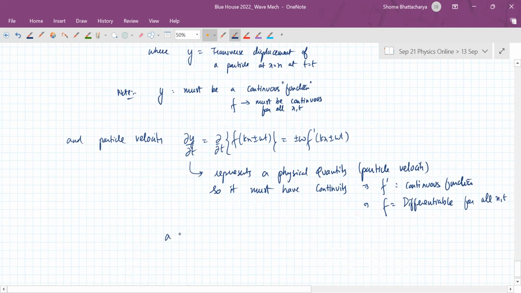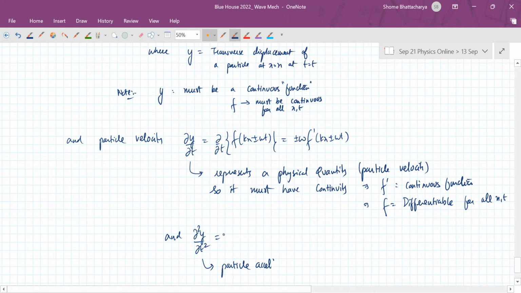And similarly, del 2y by del t square represents particle acceleration. So this is going to be minus omega square f double prime, or sorry, it will not be plus minus, it will just be omega square by mistake.